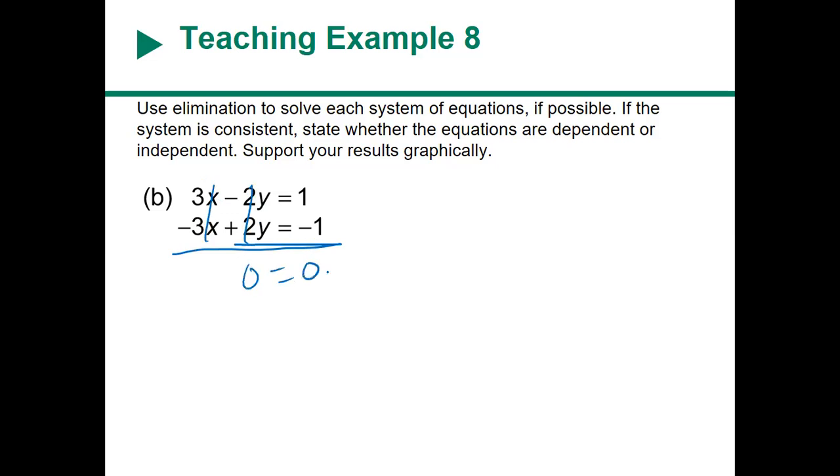I get 0 equals 0. When this occurs, that means you have infinitely many solutions. If 0 equals 0, we have what? Infinitely many solutions. And therefore, this is a consistent but dependent system.